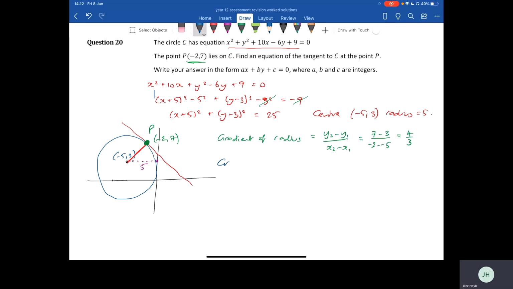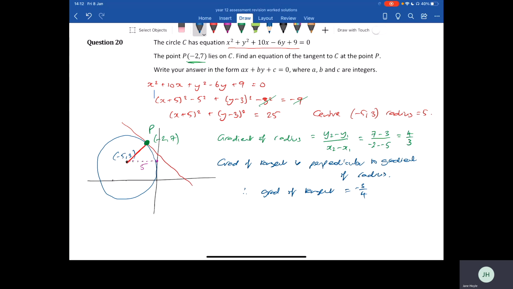So, crucial fact then: the gradient of the tangent is perpendicular to the gradient of the radius. So therefore the gradient of my tangent is the negative reciprocal, negative 3/4.